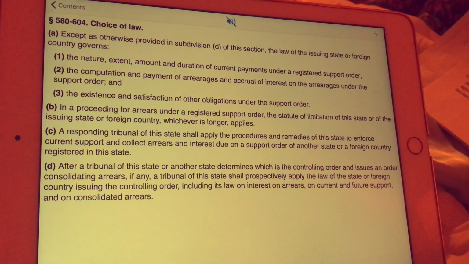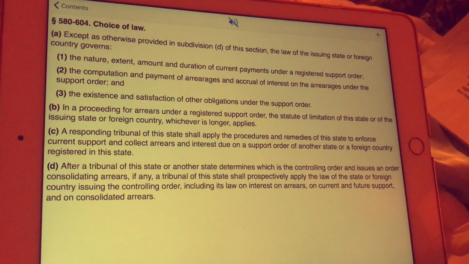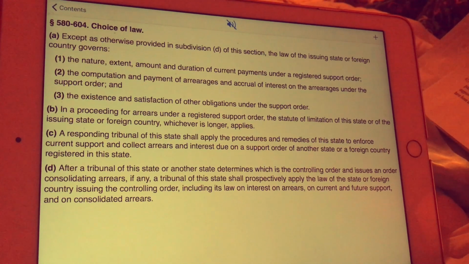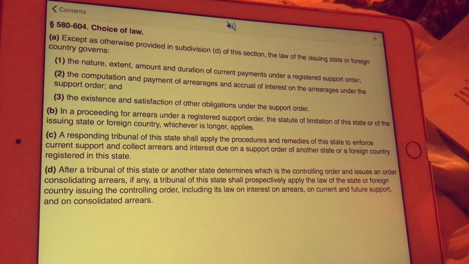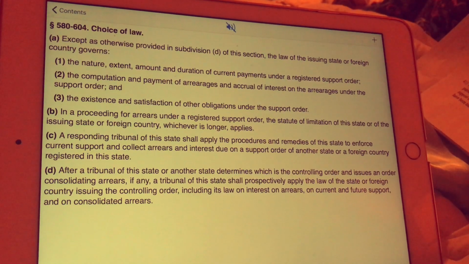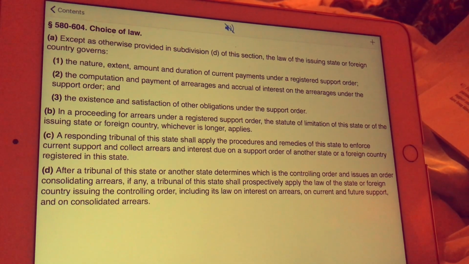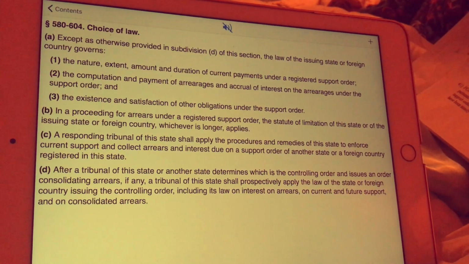B. In a proceeding for arrears under a registered support order, the statute of limitation of this state or of the issuing state or foreign country, whichever is longer, applies. C. A responding tribunal of this state shall apply the procedures and remedies of this state to enforce current support and collect arrears and interest due on a support order of another state or a foreign country registered in this state.